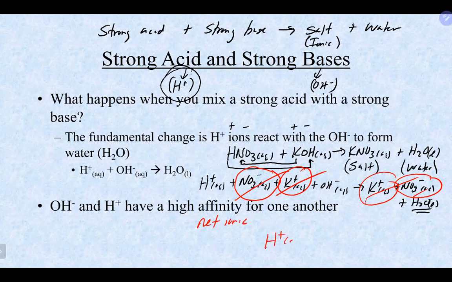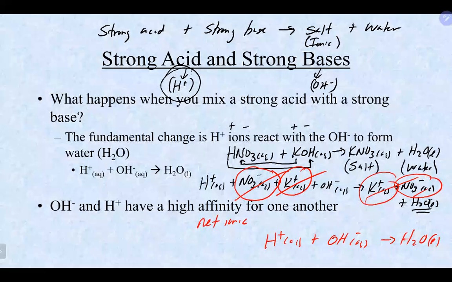Basically H plus and OH minus is making water. Pretty much no matter what combination of strong acid and strong base you put together, that's your net ionic equation. The formation of water is going to happen. Again, with a strong acid and strong base, that is what will happen.